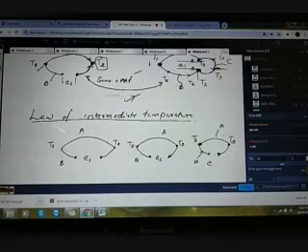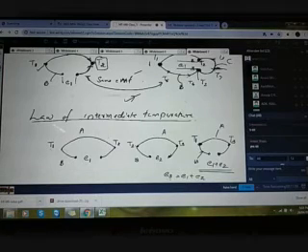Then the EMF produced will be E1 plus E2. Is it clear to all of you? So E3 will be equal to what? E1 plus E2. That is what we call the law of intermediate temperatures. Temperatures T1, T2, T3 are there. We are making a link between T1 and T2, T2 and T3.